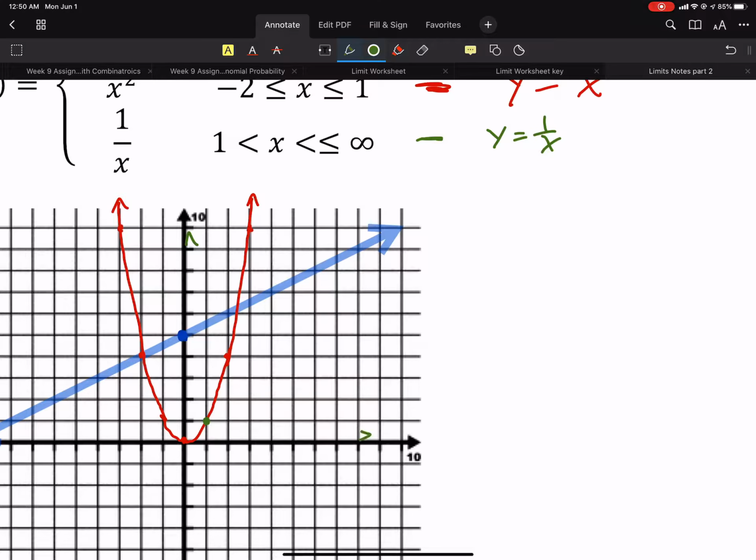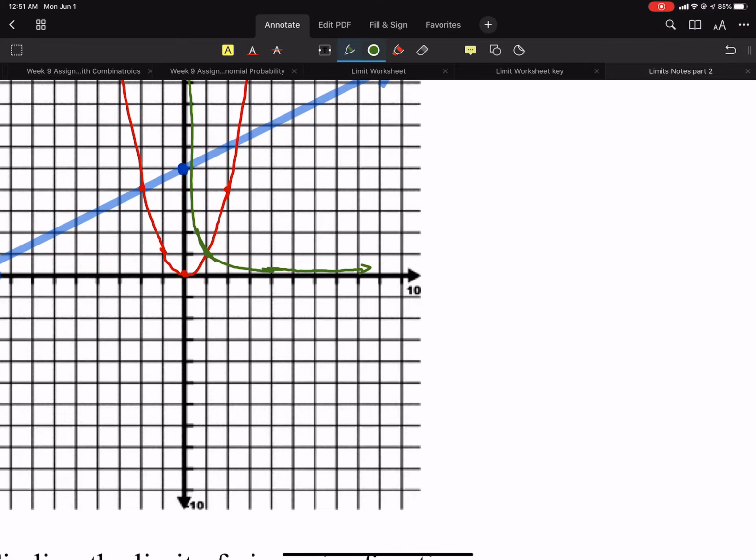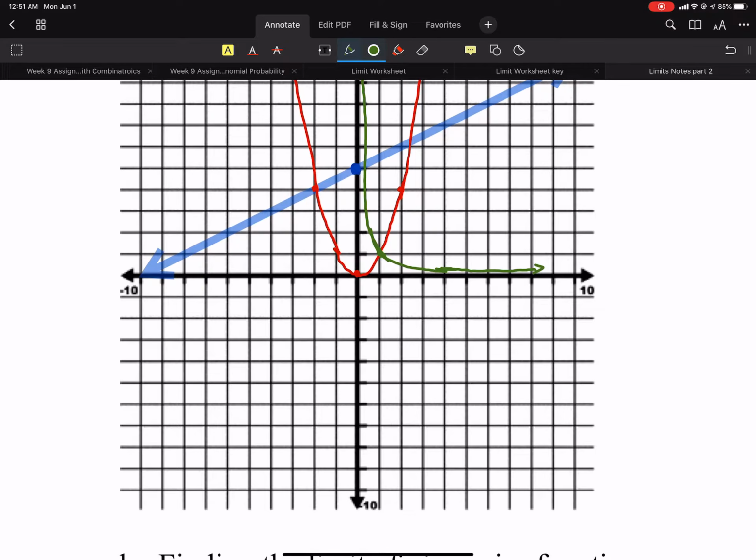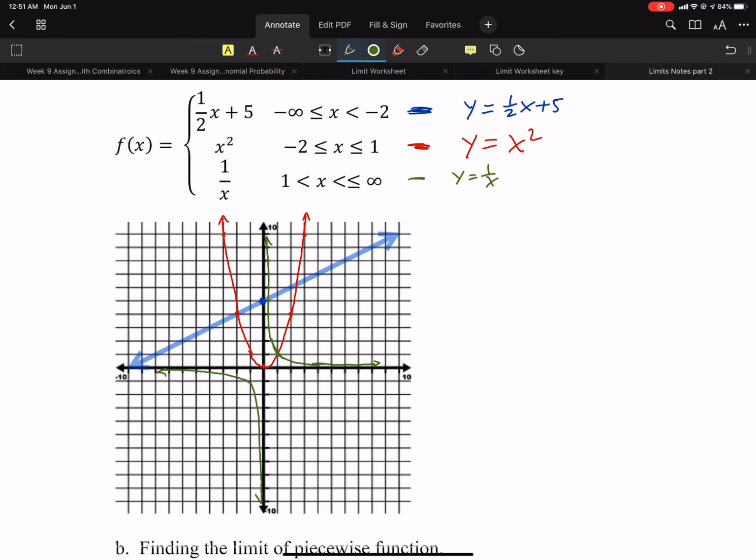It's not going to be perfect, but you'll get the idea. It's going to have a vertical asymptote and a horizontal asymptote. And it's going to have the same thing on the other side. Okay, so I graphed each of these 3 functions.